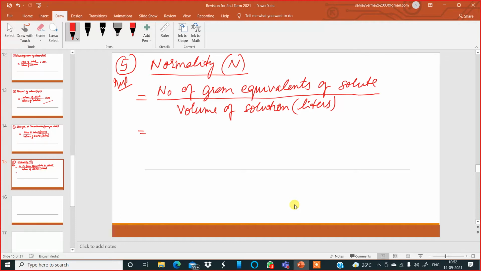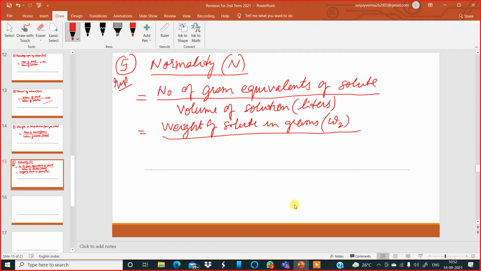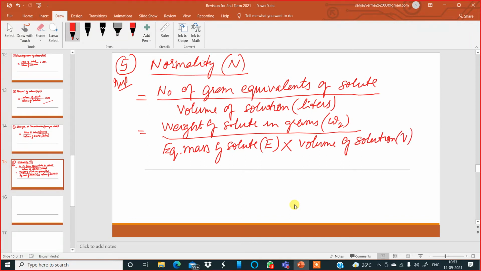Normality, this capital N, you can also write with another formula: weight of solute in grams, which I will abbreviate as W2, divided by equivalent mass of solute, that is capital E, multiplied by volume of solution, that is V, in liters.